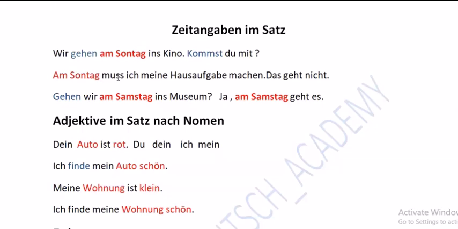You have to bring it in second position, so it again comes in second position. Am Sonntag muss ich meine Hausaufgabe machen.